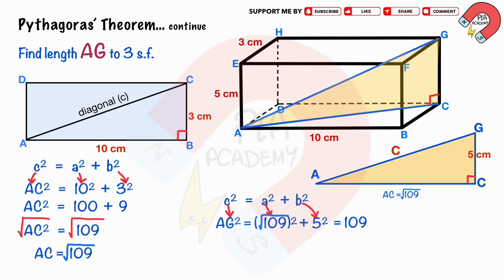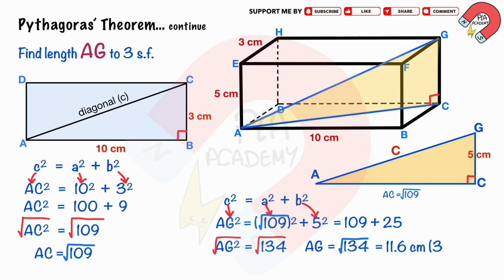So AG squared equals 109 plus 25. Calculate AG squared equals 134. Take the square root of both sides, so AG equals square root 134, which is 11.6 centimeters, rounded to 3 significant figures.